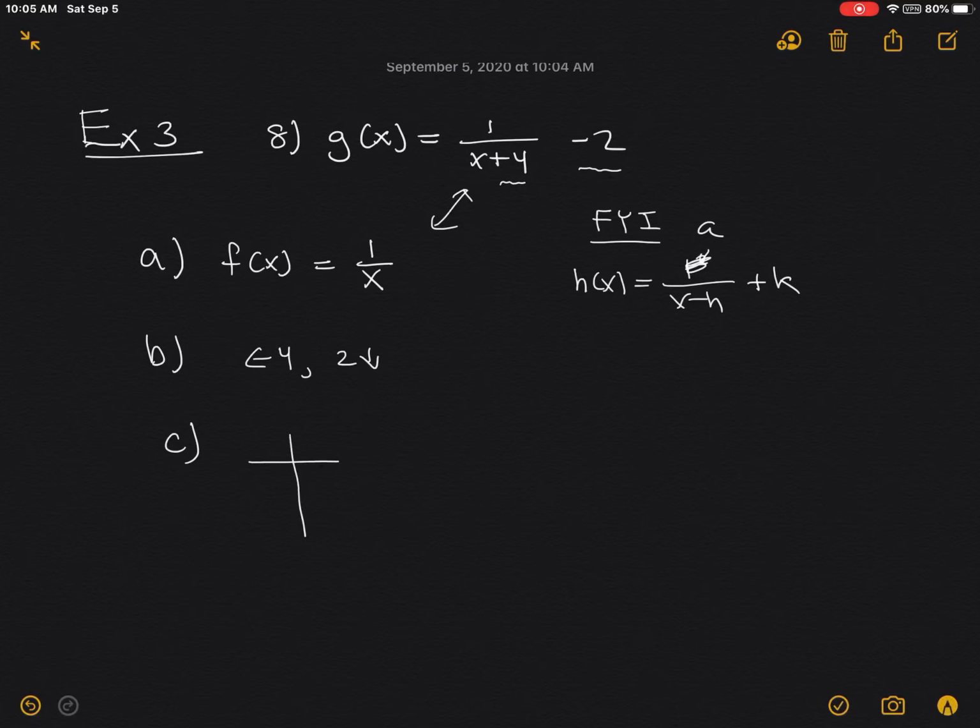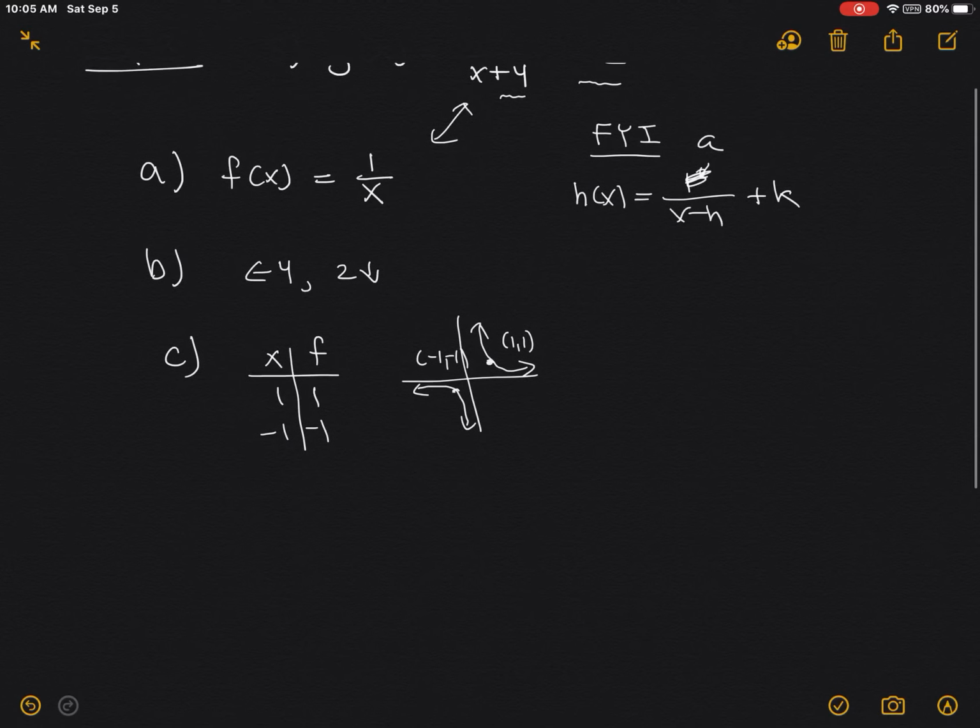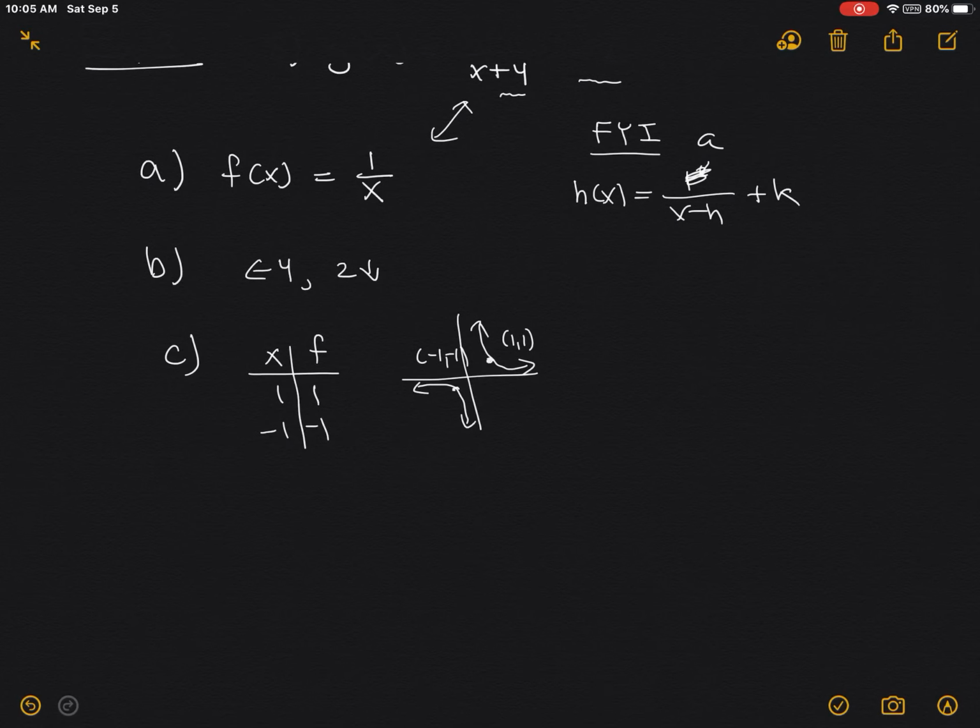So before we track some points, let me label. Here's my x, here's my f. If I plug in 1, I'm going to get 1. If I plug in -1, I'm going to get -1. By the way, your graph's going to look something like this, really roughly. There's (1, 1) and (-1, -1). We'll go into detailed graphing of rational functions later; the point of 1.4 is just transformations.